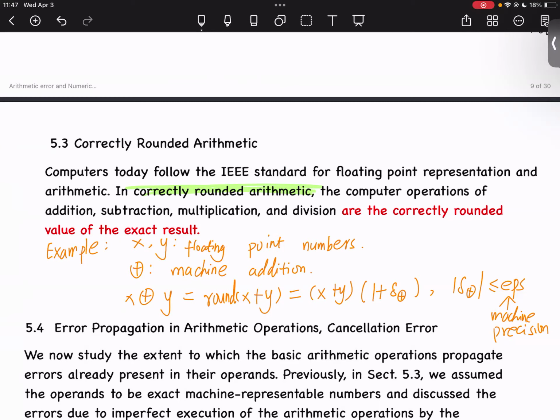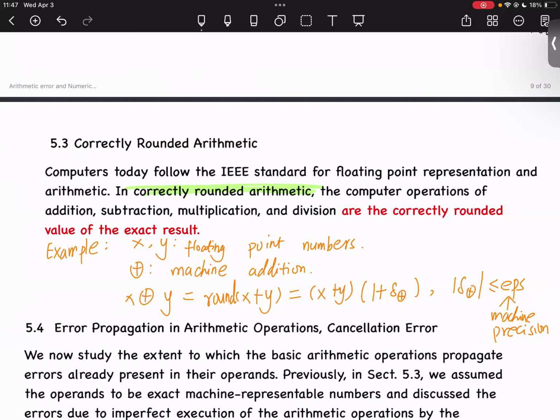In computers following the IEEE standards, they calculate the operations in this way. They calculate the correct exact result, and then after it calculates the exact result, it does some rounding off. So for example, we have the summation here, this is the machine addition. If we do the machine addition for X and Y, these are floating point numbers, the machine does it in this way.